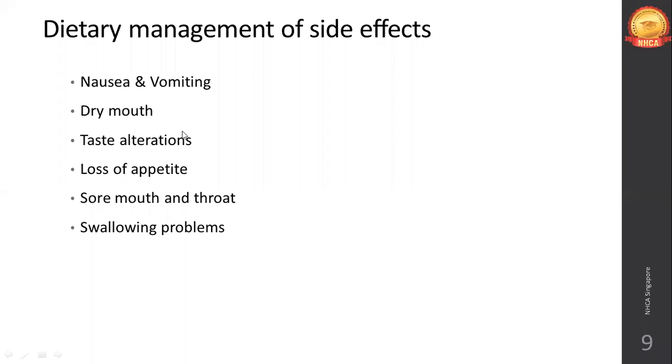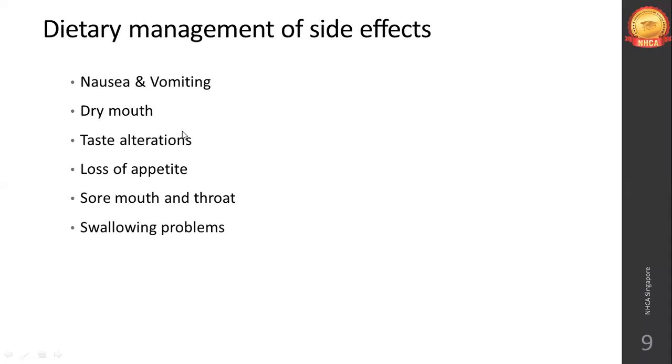With swallowing problems, avoid too much of seasoned and spicy food. Liquid feeding, soft diet, liquid diet, clear fluid diet. Stick to these alternatives. And tube feeding is recommended only under medical prescription. Okay, NG tube feeding is recommended only under medical precautions.